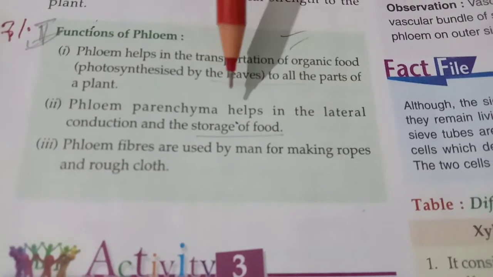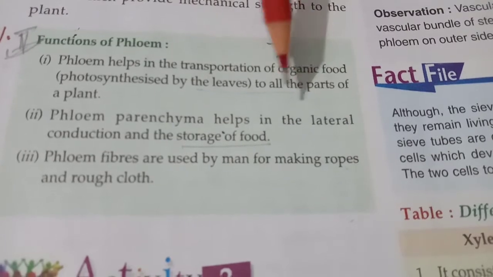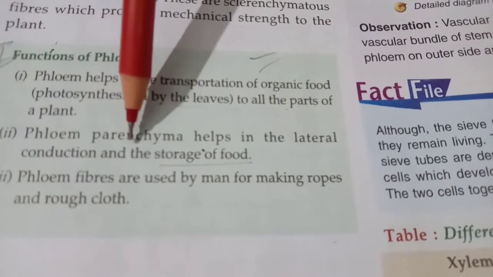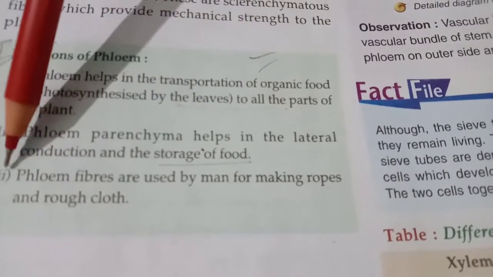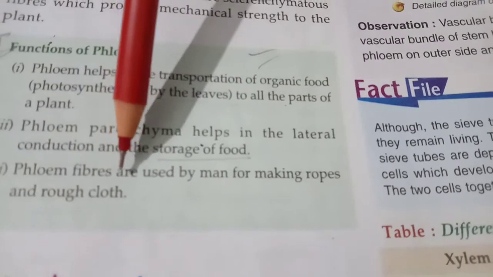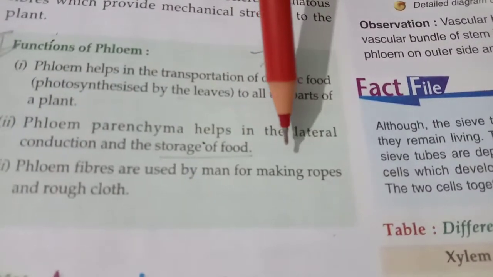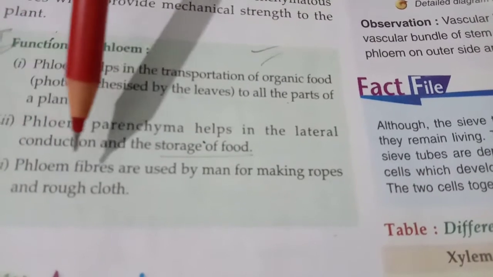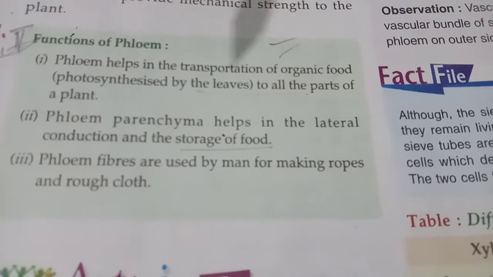Then it also helps in the lateral conduction and the storage of food, that is done by phloem parenchyma. And the phloem fibers, since they are made up of dead cells, provide mechanical strength, and they are used for making ropes and also rough cloth. Clear? So these are the functions of phloem.